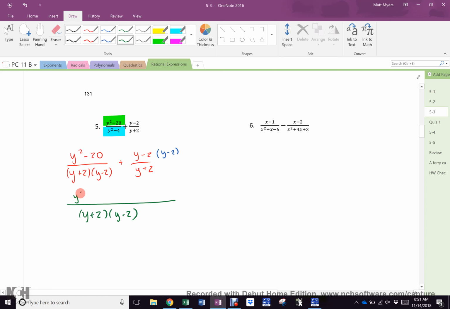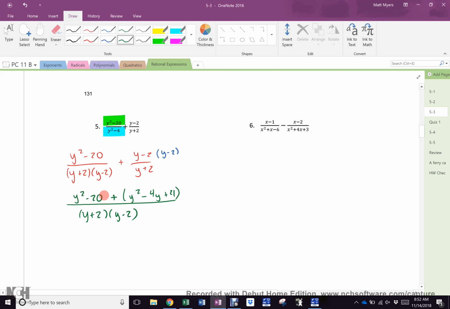So that's y squared minus 20 plus, now what do I got to do over here? Y minus 2, y minus 2. Y squared minus 4y plus 4. Now what should I do? Simplify. Same way we simplified in grade 9, right?